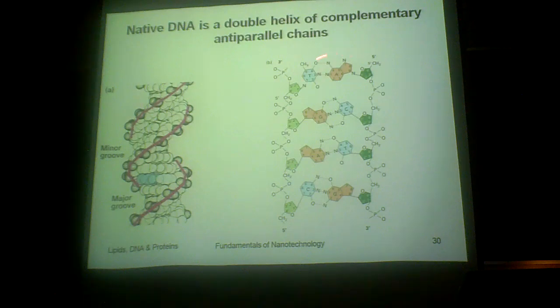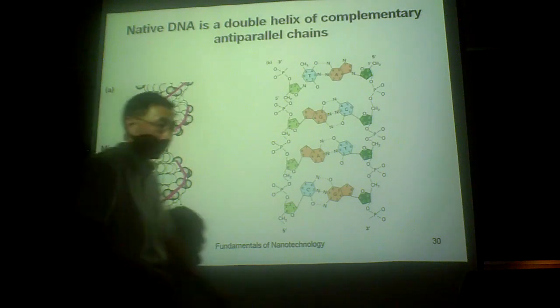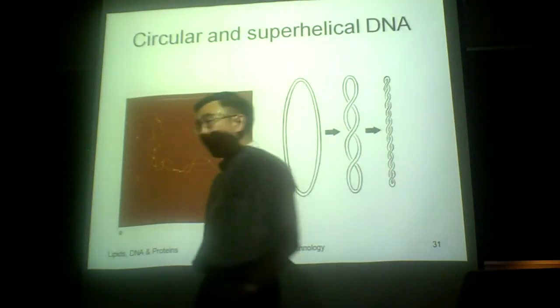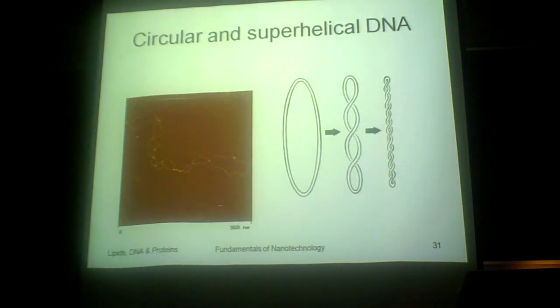You can see here, this is the hydrogen bond, 3 prime to 5 prime, then opposite anti-parallel, 3 prime to 5 prime, and so then they form a nice complementary strand, and that then induces this double helix structure.